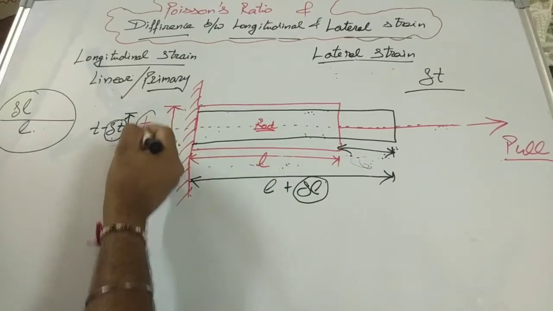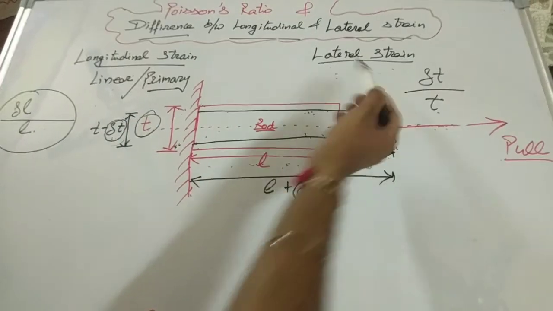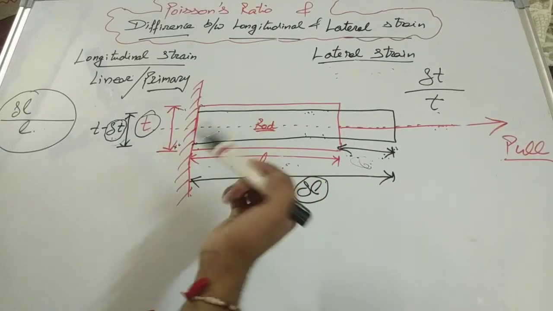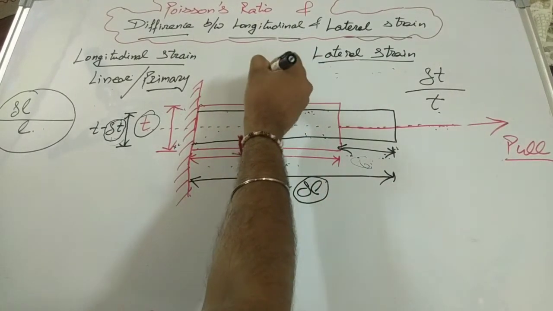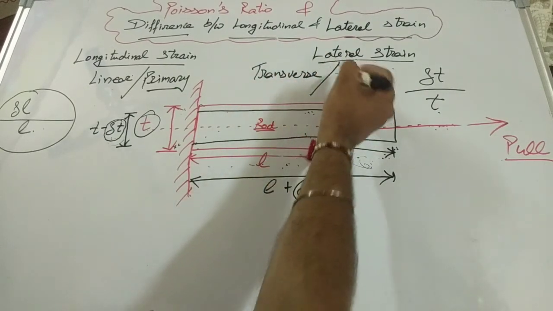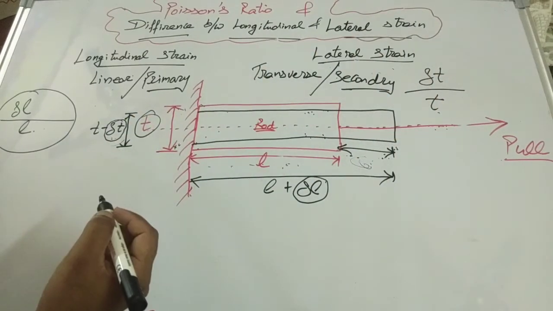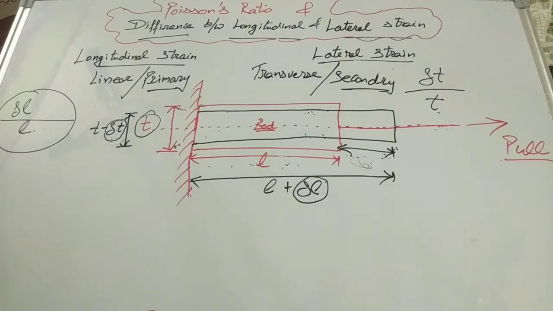Here the original dimension is T. So delta T by T is the lateral strain, which is also known as transverse strain, or secondary strain. Clear, guys? This is the concept of longitudinal strain and lateral strain.